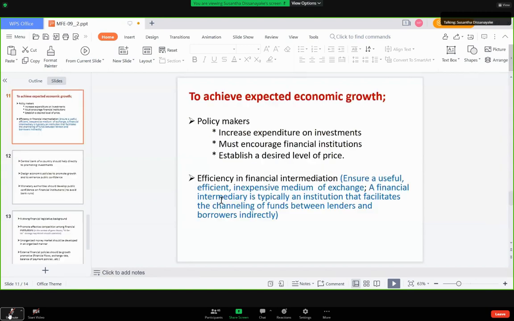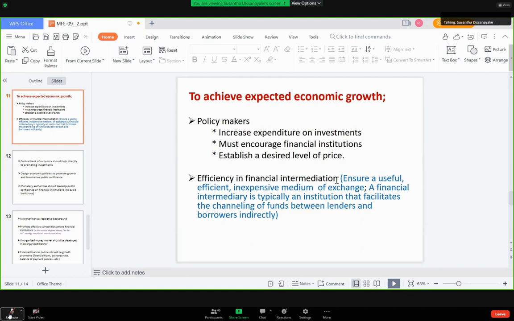So then, efficiency in financial intermediation. We know the financial intermediary is the financial institution. When the financial institution acts as the intermediary between saver and lender, it needs to act efficiently. That means it should benefit the financial institution as well as the saver and lender, with less time and inexpensive mediums of exchange, meaning no transaction cost.